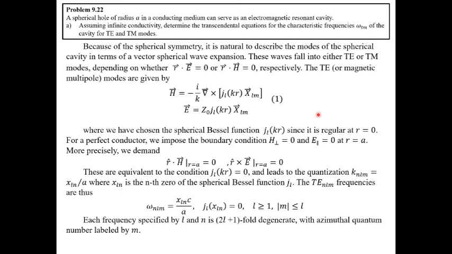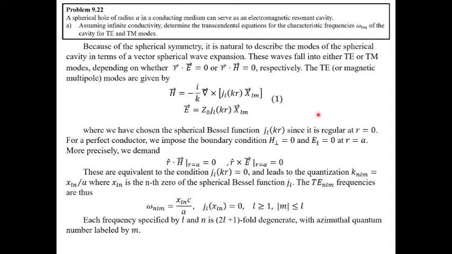The TE modes are given by equation 1. Here we have chosen the spherical Bessel function j_l of kr, since it is regular at r equals 0.